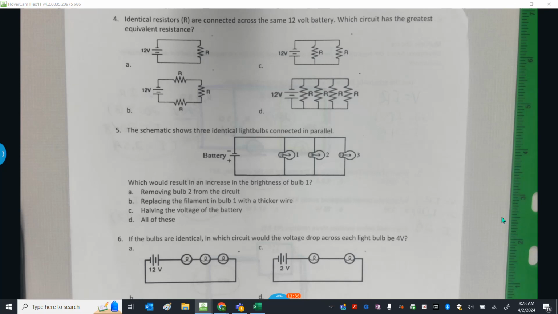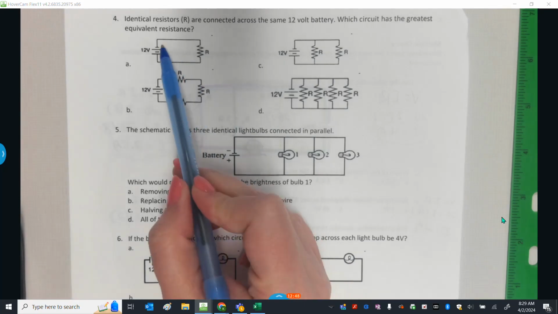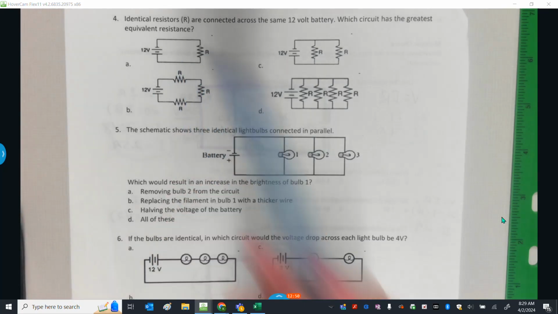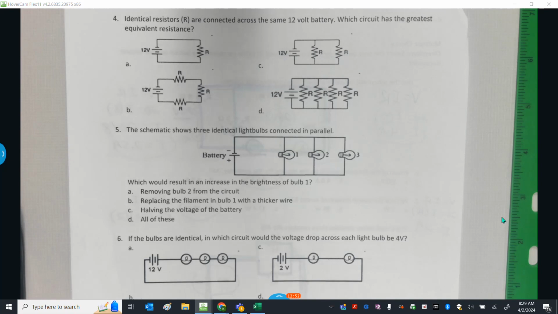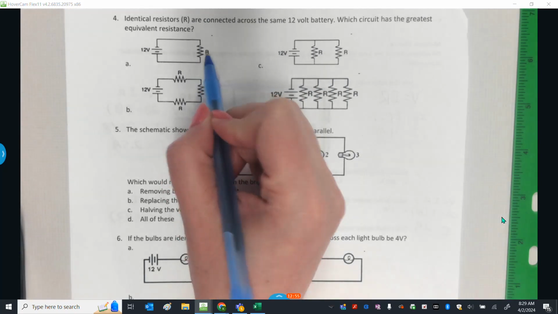Okay, but here I'm ranking them by resistance. I know that I calculate the equivalent resistance differently in a series circuit than in a parallel circuit. I know that in a series circuit, I simply add them together because they're all on the same loop. And so my resistance here would just be R.